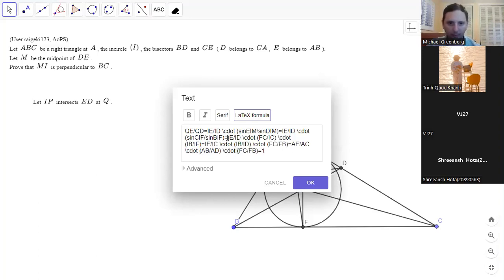And let me put a couple spaces in it and see how it looks.